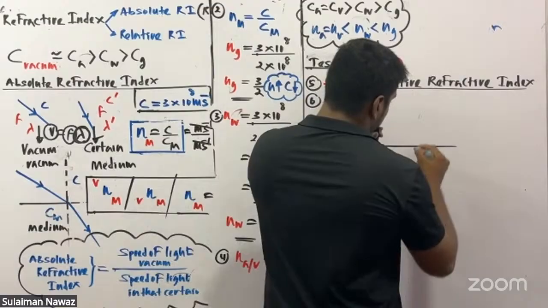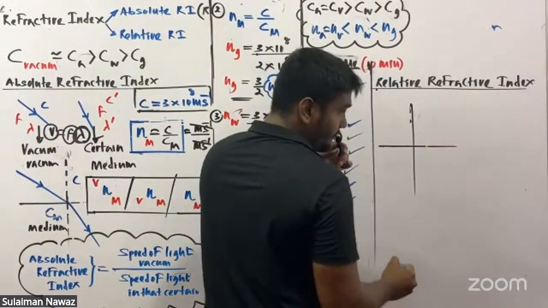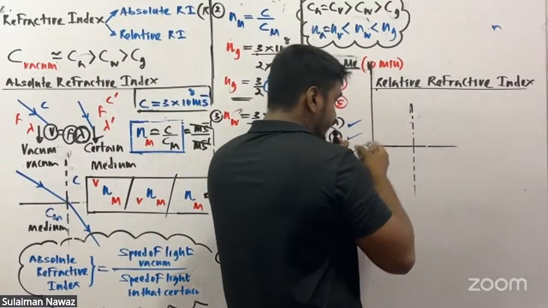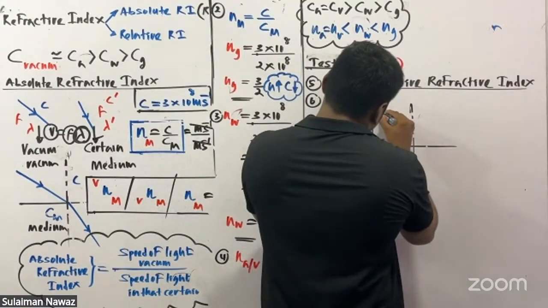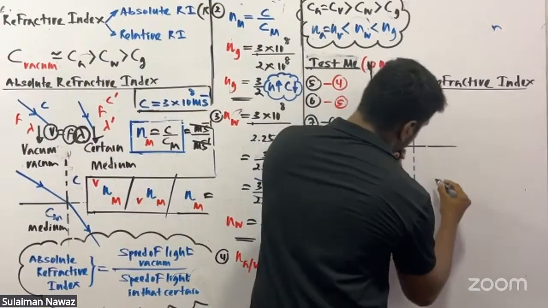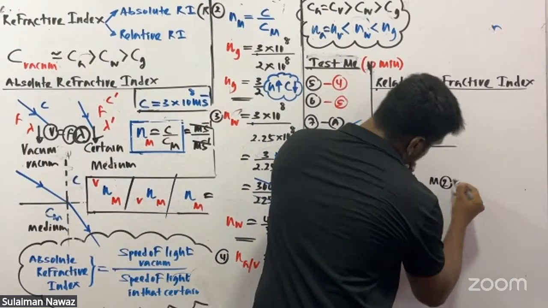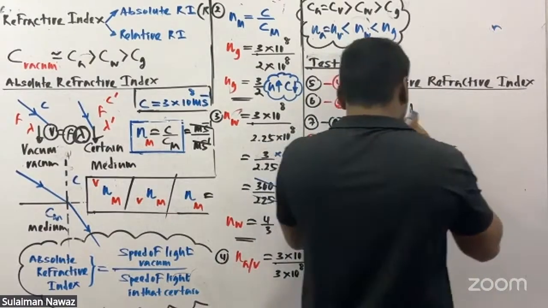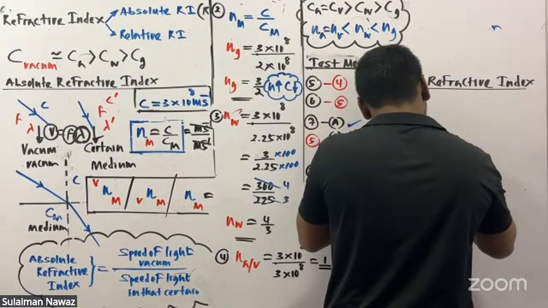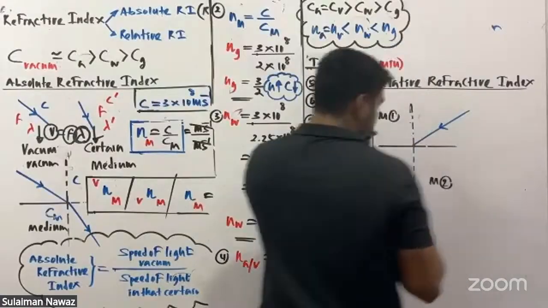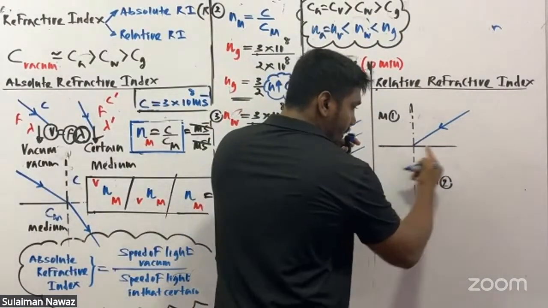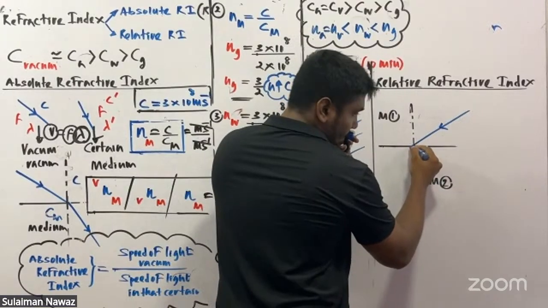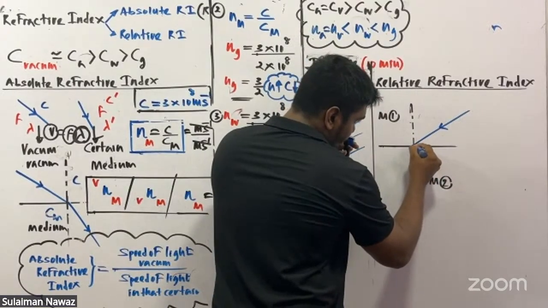This is the normal. This is my medium one, this is my medium two. And this is the incident light ray, and at the incident point on the common interface, the refracted light ray.